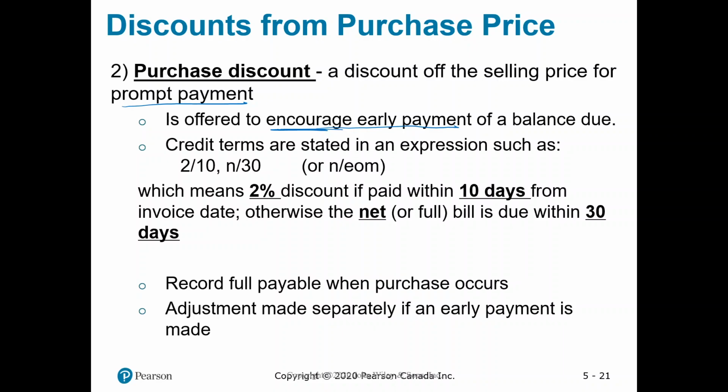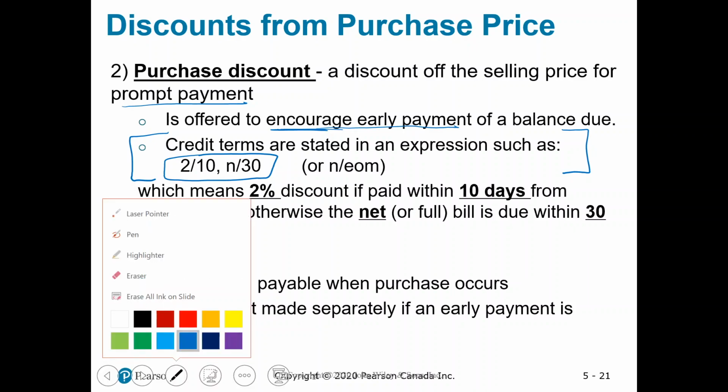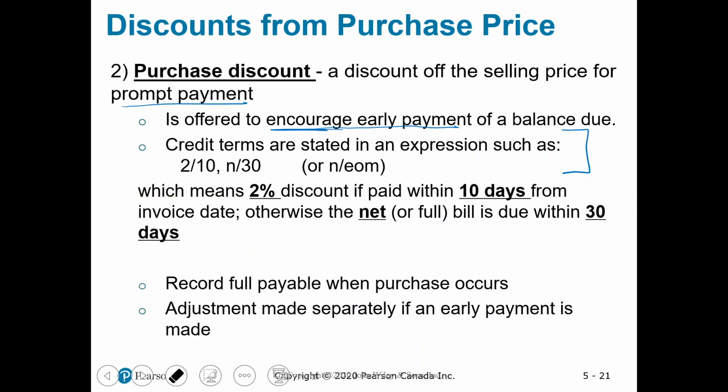So if a purchase discount is available, it is stated in the credit terms, expressed in a form like this: 2/10, N30. And what this means, I'm just going to erase this quick.